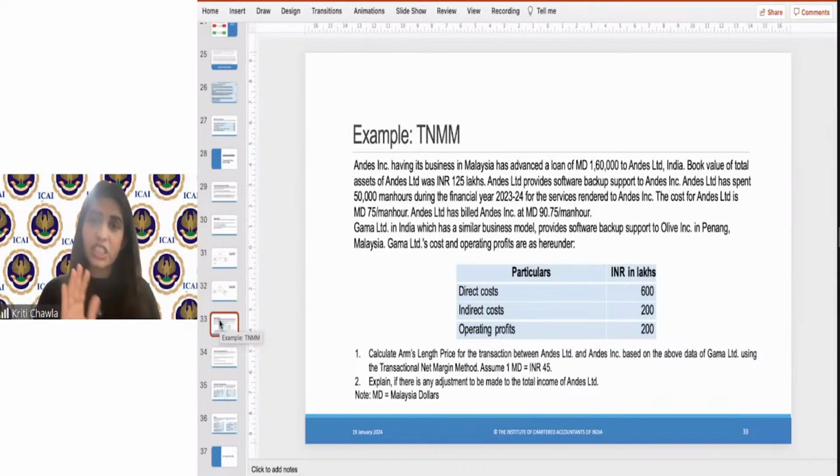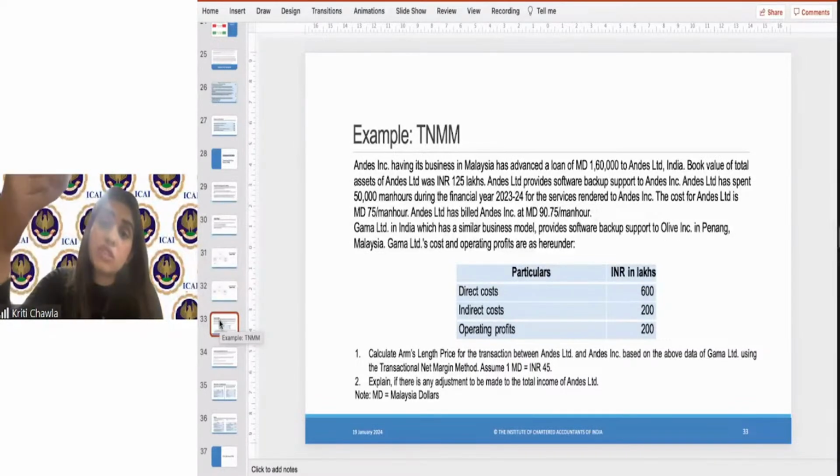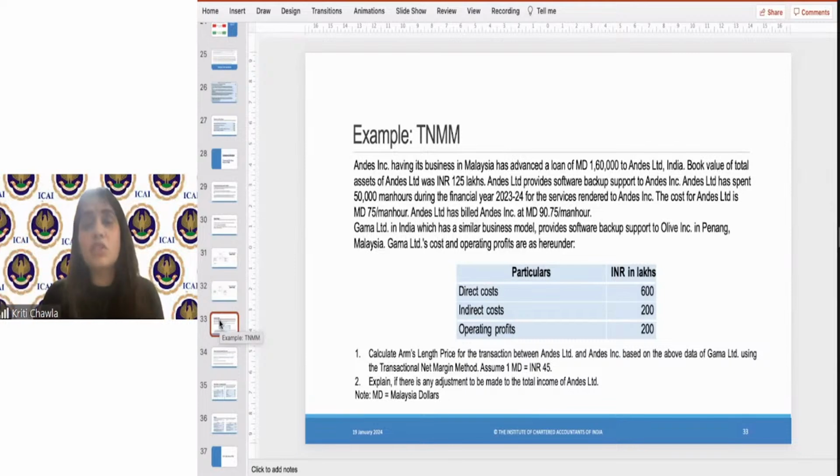All the segregation in Indian accounts is available, the direct and the indirect cost of production, etc. But a lot of times, if you do not have it available for comparable companies, then it becomes a problem, because for comparable companies also you need that differentiation between direct and indirect cost of production, and sometimes it's not available in the databases, etc. So you just use the TNMM method that way. So it just depends on information availability.